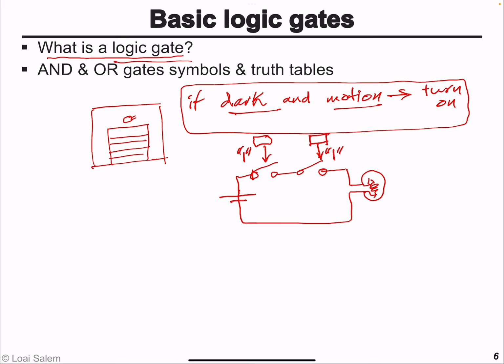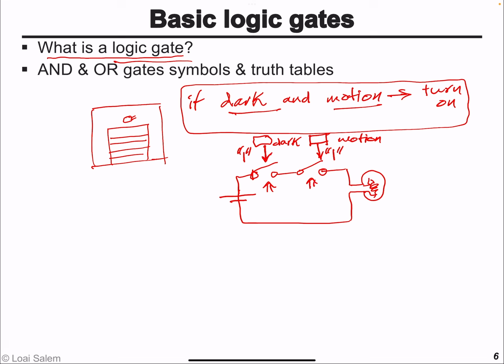So once it's dark, the light sensor is going to produce logical 1, and when there is motion, the motion sensor is going to produce logic 1. And assume that these switches turn on when you apply logic 1 on their control input.